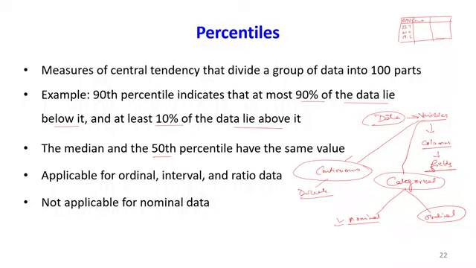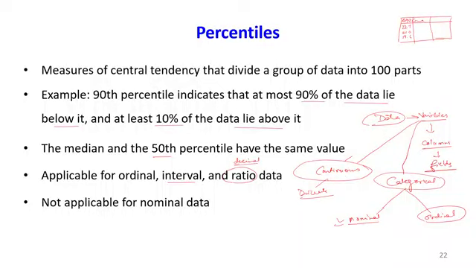Interval means you can convert these continuous values into intervals, into bins. For example, age. You can create intervals like the age group between 10 to 15, then 15 to 20, 20 to 25, and accordingly categorize this numerical column into intervals. Ratio is nothing but float values or decimal values.